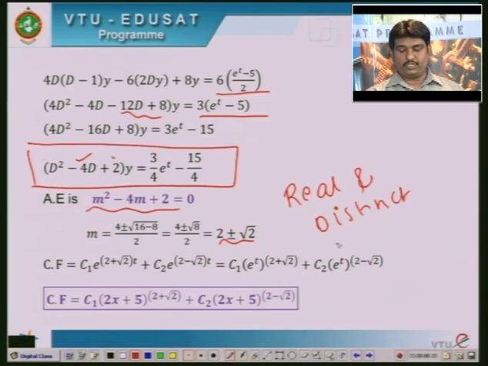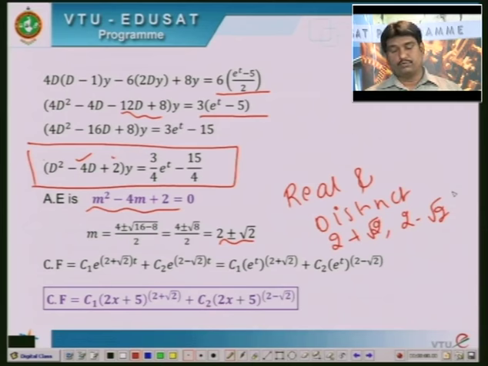Real and distinct roots: m1 is 2 + √2 and m2 is 2 − √2. This is the part of CF corresponding to m1, which is 2 + √2, and this is the part of CF corresponding to m2.